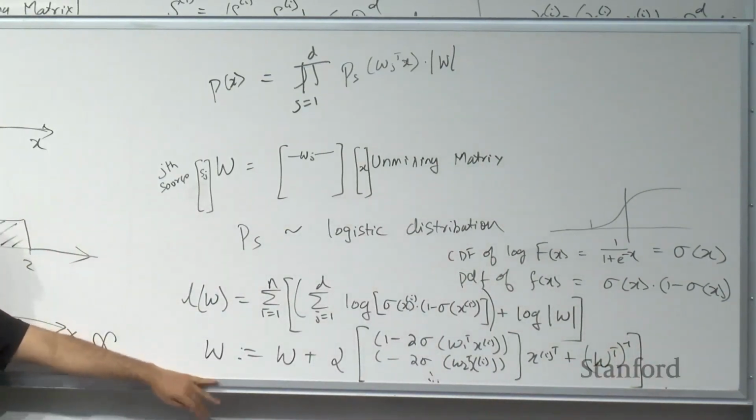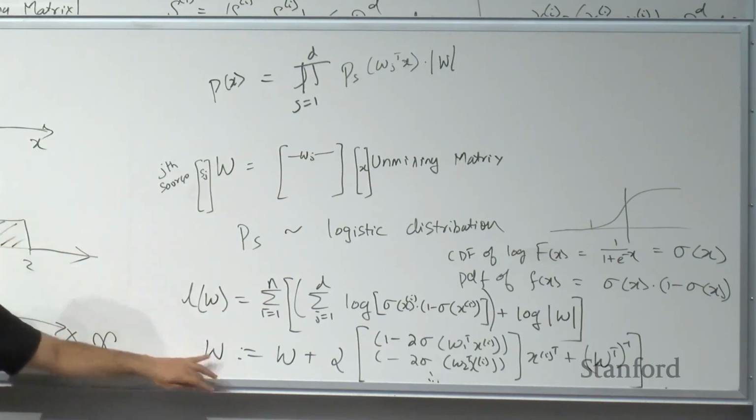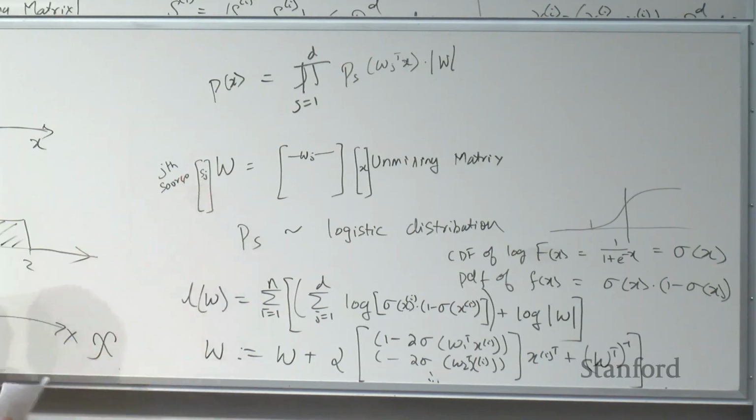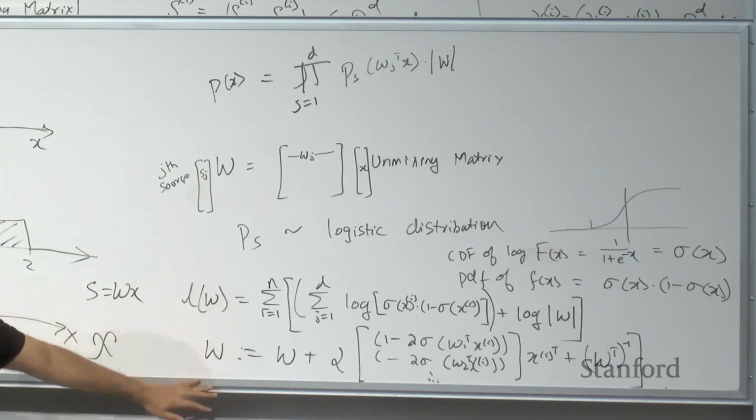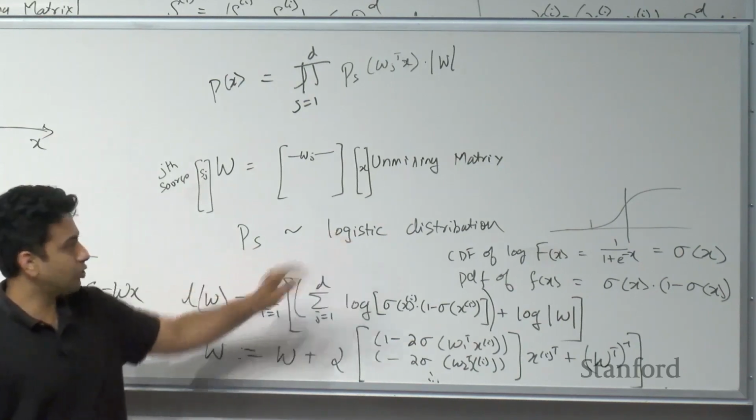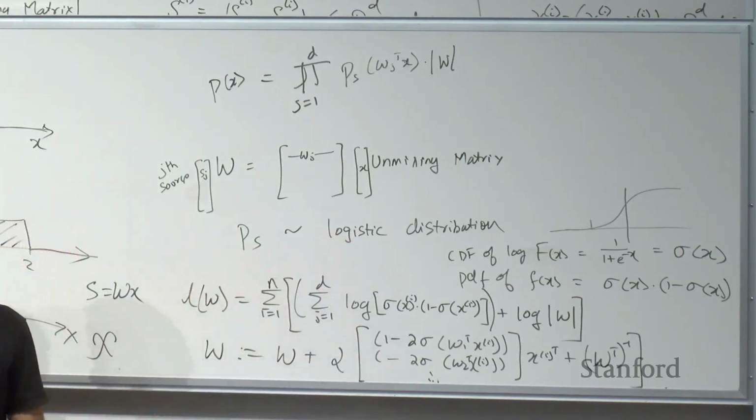And you can perform stochastic gradient descent, and once this converges, take the converged W, multiply your x's with W, and you get s's. And if you write these s's into a wave file and play them, they will be separated, right? It's almost magical, it works. And in your homework, here you have the update rules assuming that Ps were logistic, and in your homework you will try it with a different distribution.